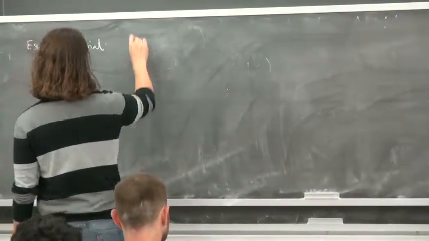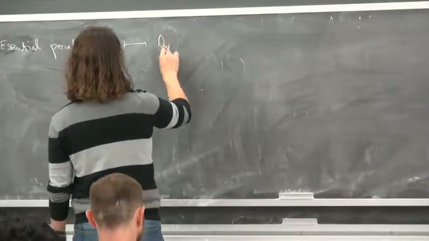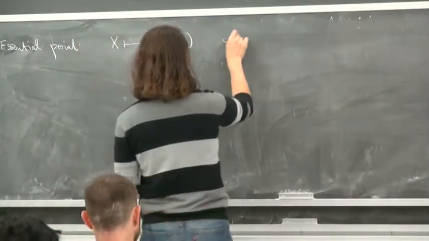The essential point is just to show that the structure sheaf O_X maps to X, that this guy is a sheaf of the pro-étale topology.